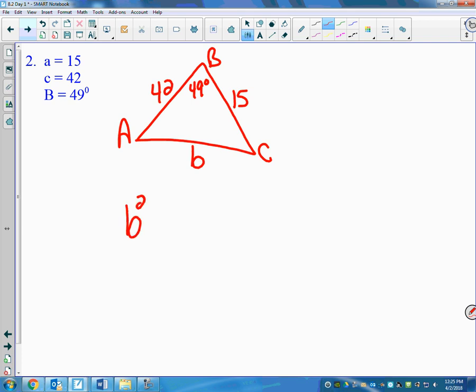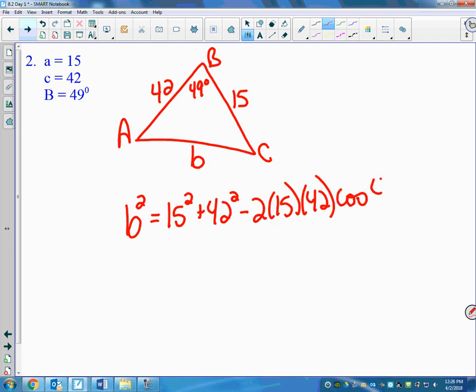So now I'm solving for B. So using B squared, it equals the other two sides squared, so that's 15 squared plus 42 squared minus 2 times the other 2 times the cosine of 49 degrees. Now this one is way less work than the last one because all we're trying to do is solve for B right now, which means honestly you could do this all at once on your calculator, right?